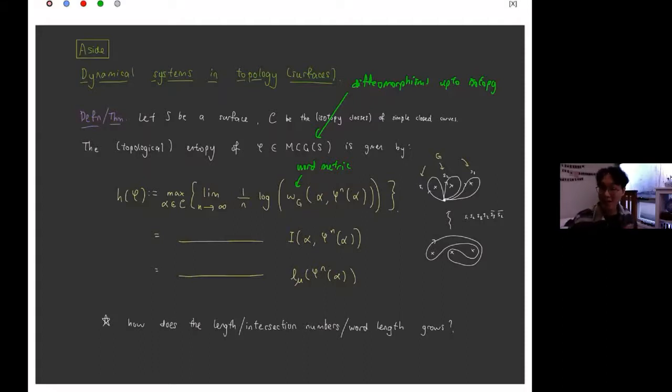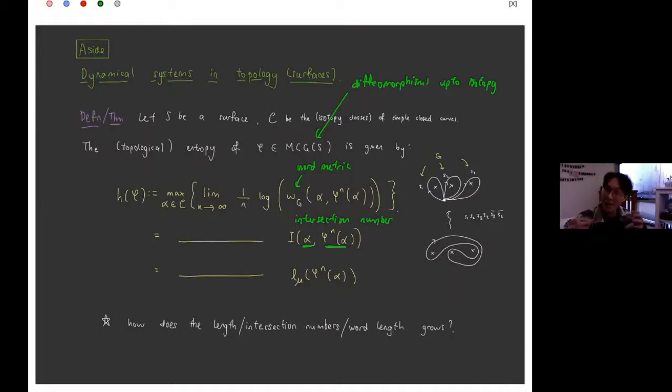So basically, you're just saying that I'm going to take higher and higher powers of a simple closed curve and see how the word length grows with respect to this metric, if you like. The other way to compute it is to use what's known as the intersection numbers. So what this one does is you're taking one simple closed curve, the original simple closed curve, and comparing it to the higher and higher powers of the action on this simple closed curve, and you see how the intersection number grows.